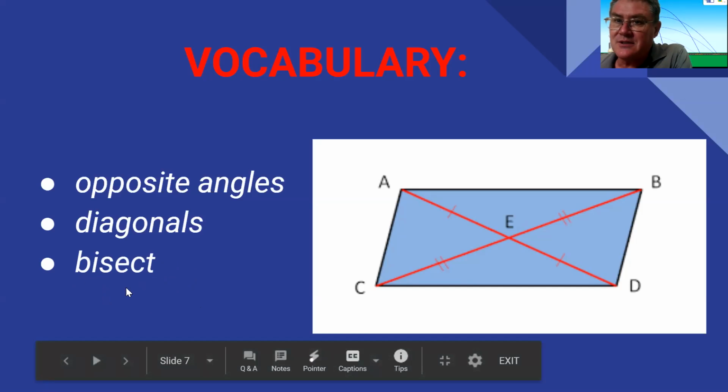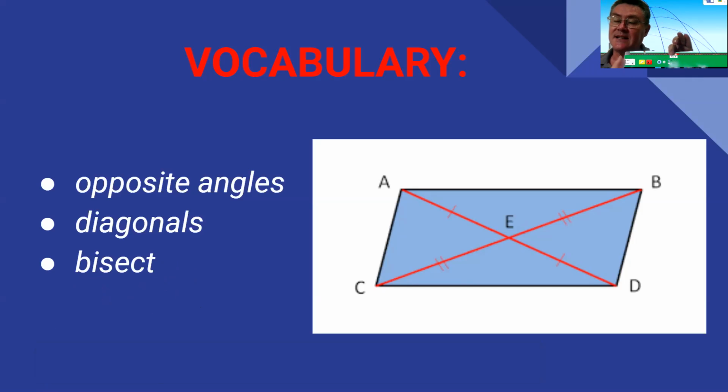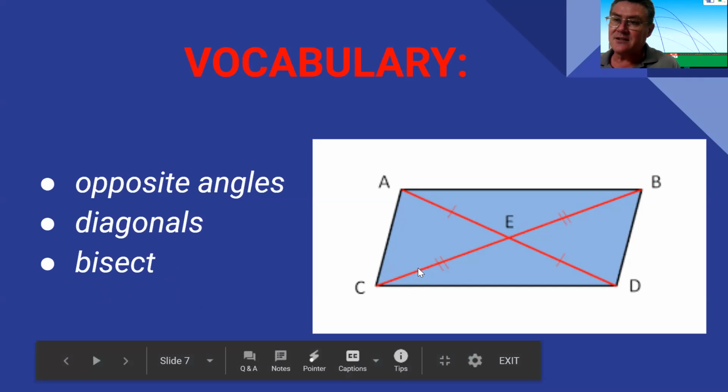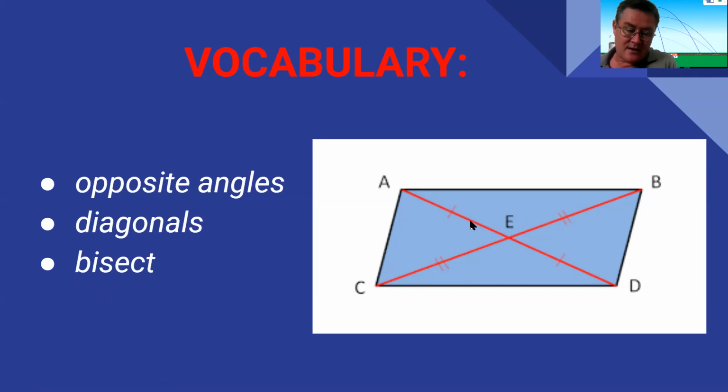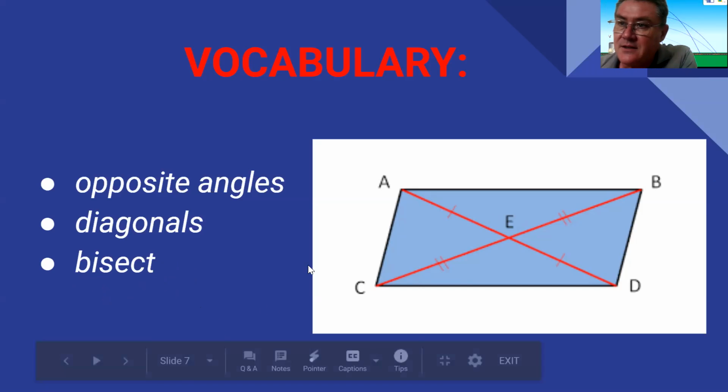Bi is two, sect is to divide. And yes, the diagonals are bisecting, they are dividing. And look at the length of this part and that part. Is it the same as this part and that part? Yes or no? Just look carefully.